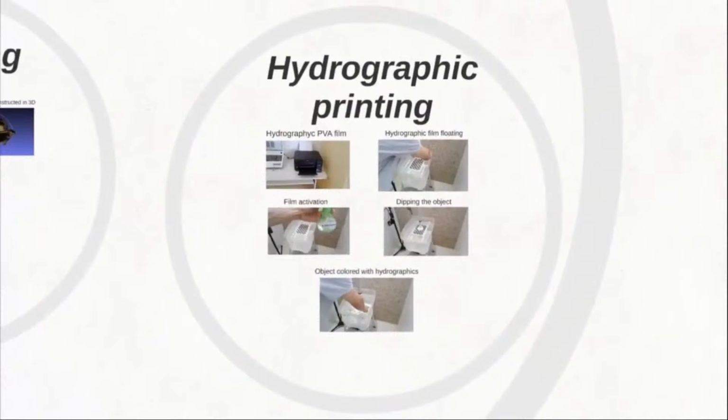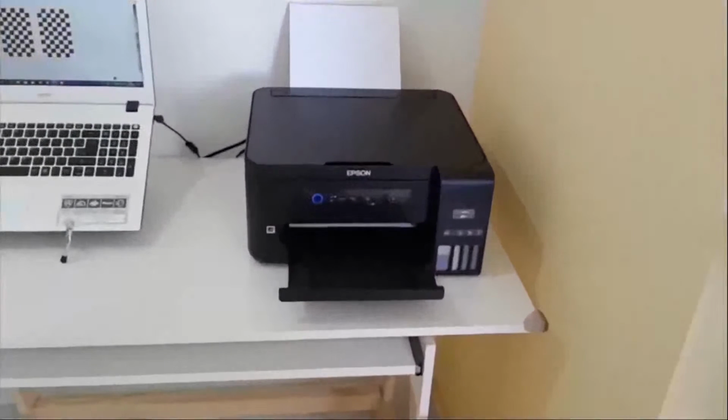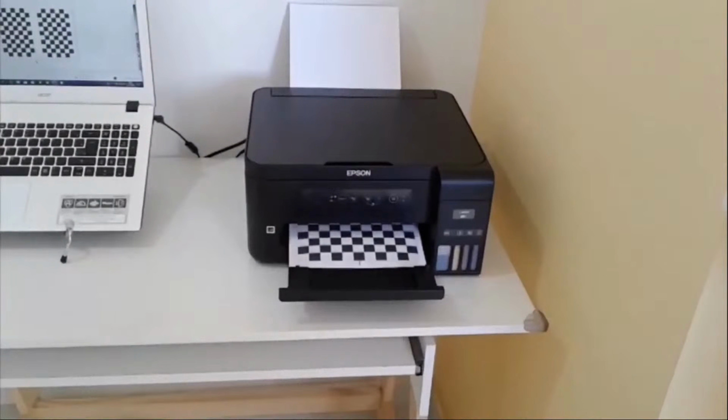Among the methods for coloring a 3D model, we can highlight a decal-based technique called hydrographic printing. Hydrographic printing is a viable way to color a wide variety of materials like ceramic, glass, plastic, wood, and metal.